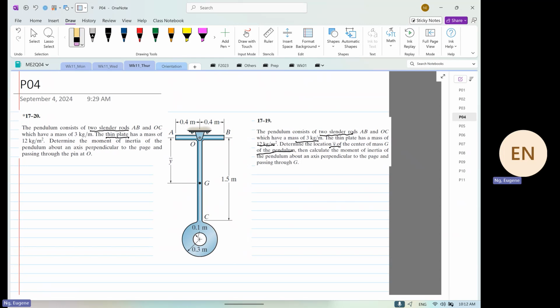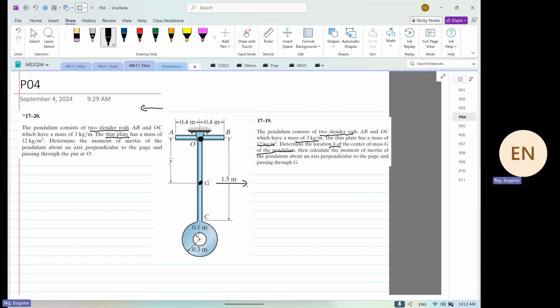Then calculate the moment of inertia of the pendulum about the axis perpendicular to the page and passing through what? Passing through G. Two very different, right? The one on the left-hand side is passing through O. The one on the right-hand side is passing through G. So that's why I want to do both problems together so you all can see the difference.